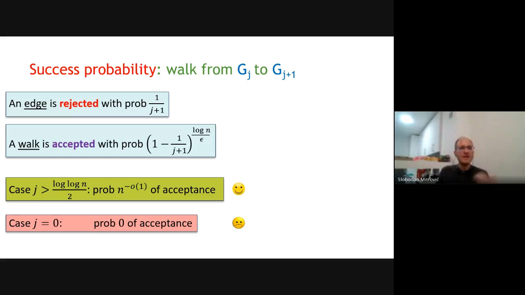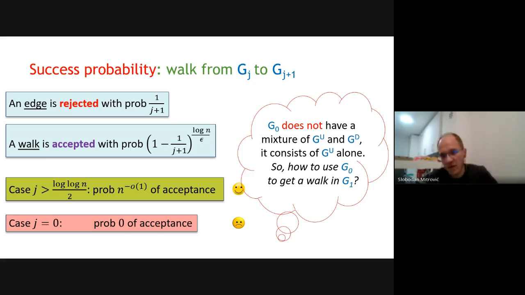But if j is 0, this approach doesn't work. Intuitively, you're starting with G_0, which is only the undirected graph. It has no information about the directed version of the graph. How can you even expect to extract some directed edges from G_0, because G_0 corresponds entirely to the undirected version of the input graph?